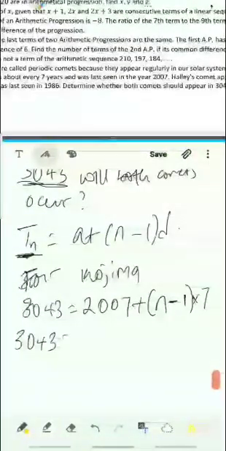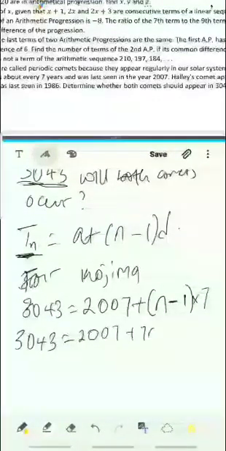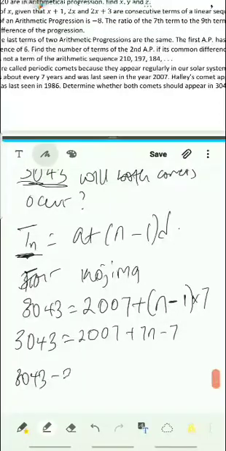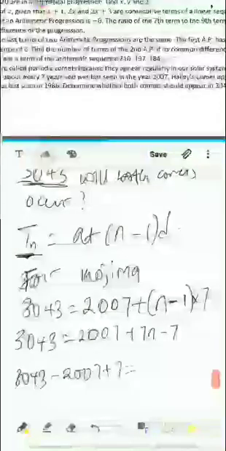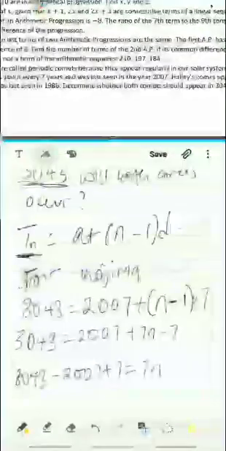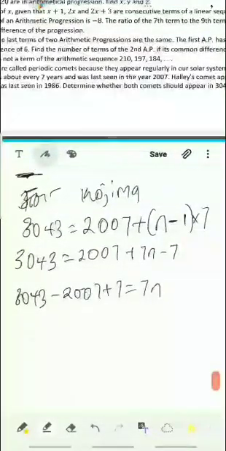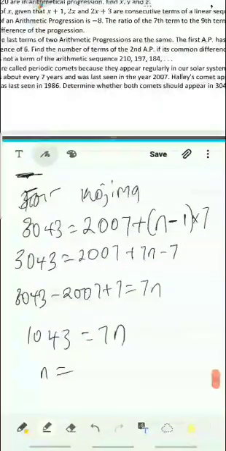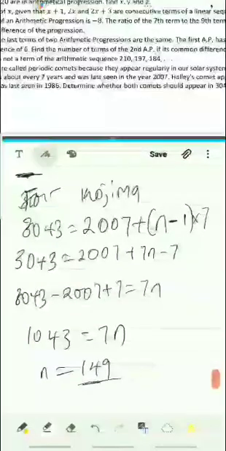So 3043 equals 2007 plus 7n minus 7. Putting this together, 3043 minus 2007 plus 7 equals 7n. So 1043 equals 7n, then n is equal to 149.